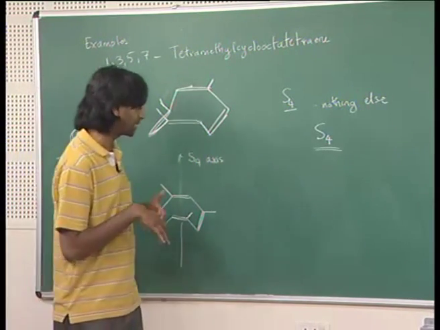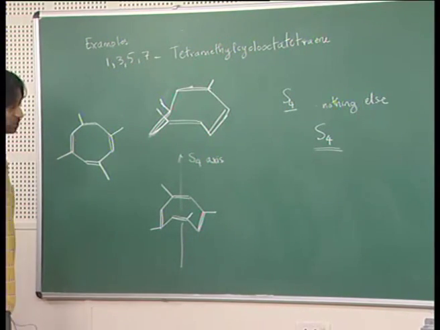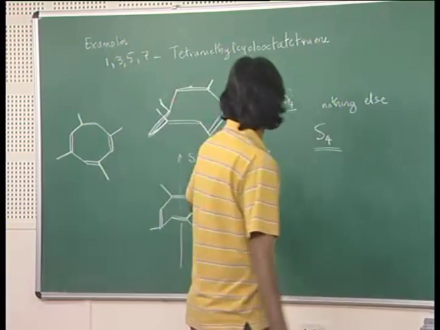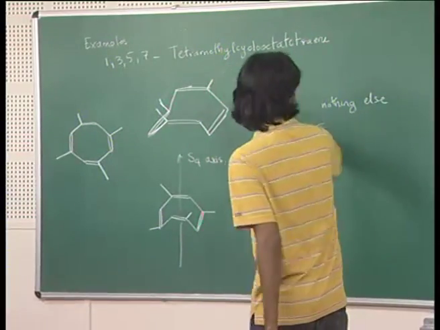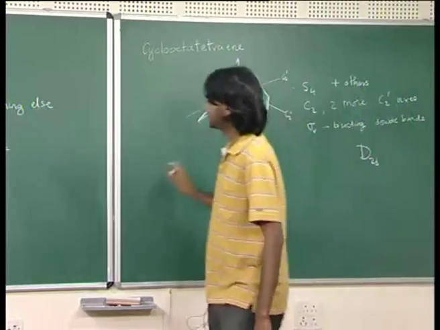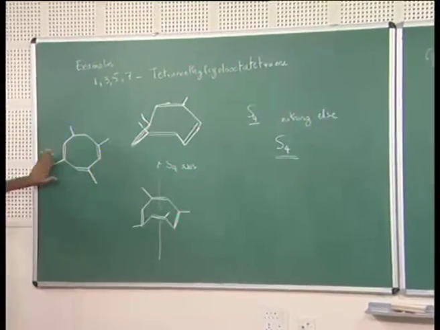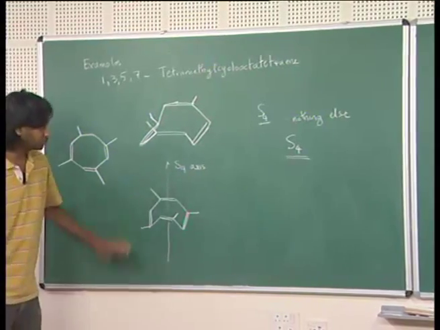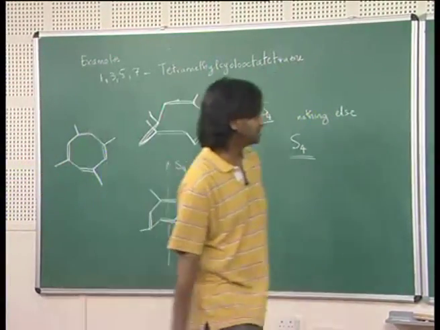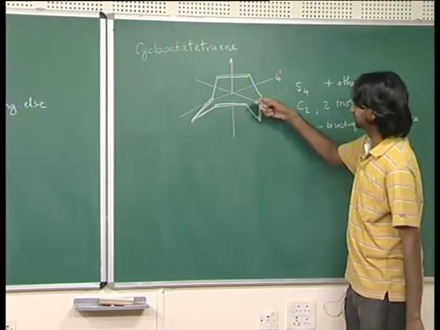If it has S4 plus other operations, then it will not be in S4 anymore. Okay. So, an example of that is, suppose you just take cyclooctatetraene, which is the same molecule without these methyl groups. Now what happens is, when you do not have these methyl groups, you have additional symmetries.